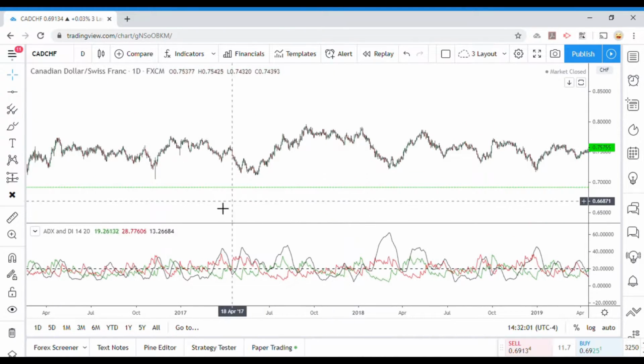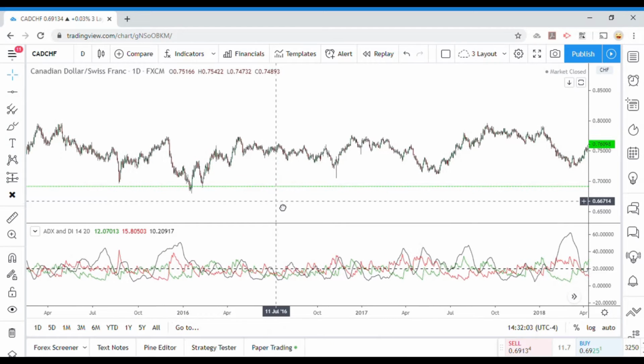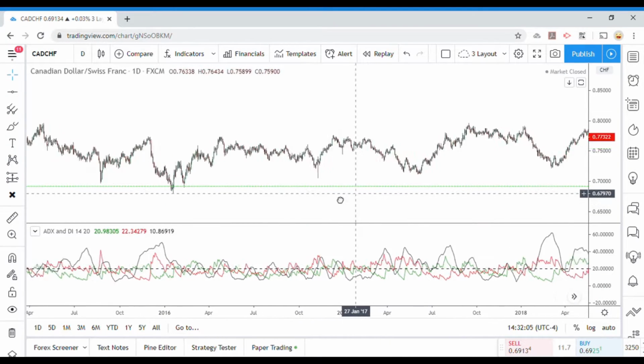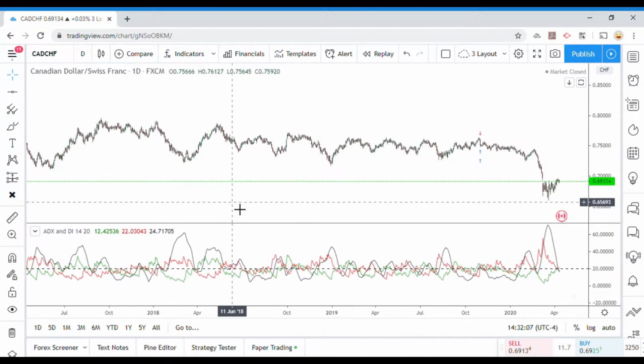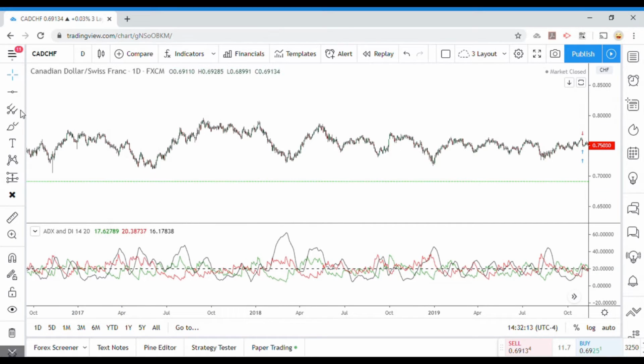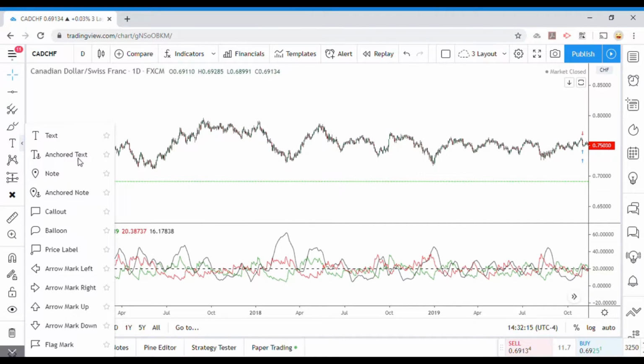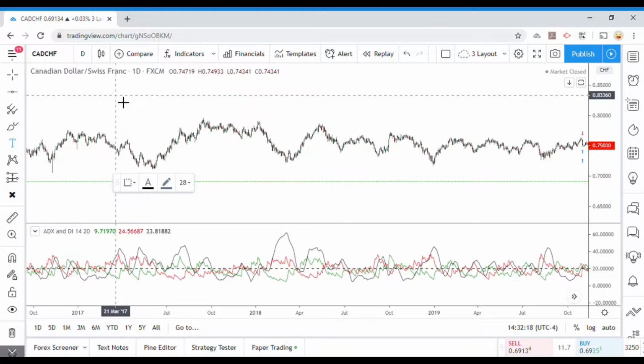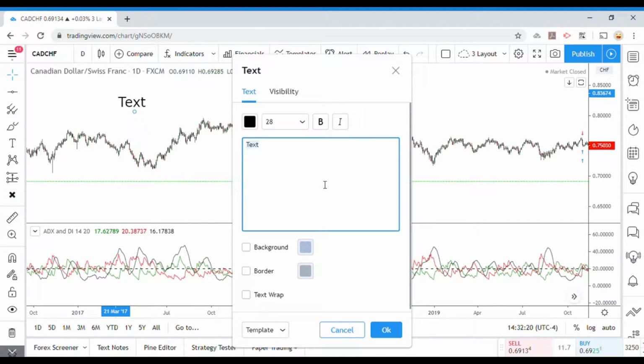As usual, I have randomly selected a pair. It is the CAD CHF. I am going to scroll back here to 2018, right about there. The take profit designated by the ATR.